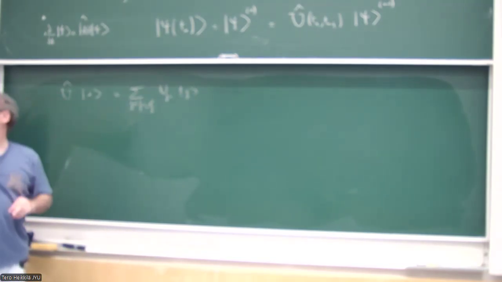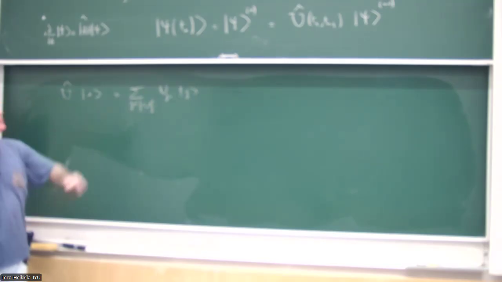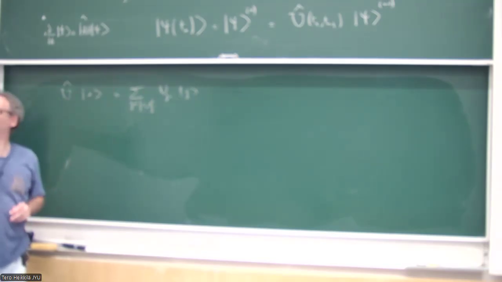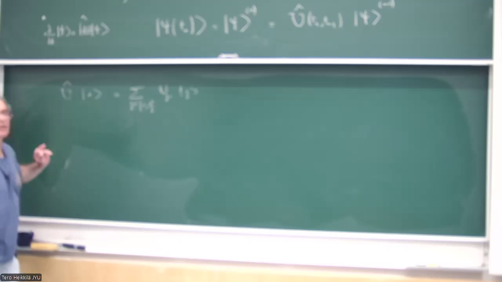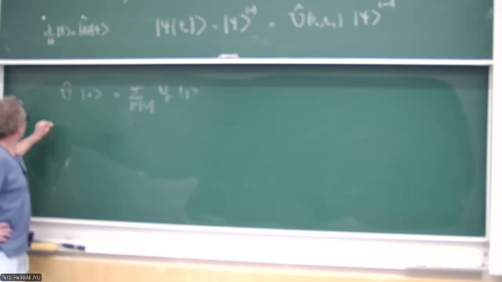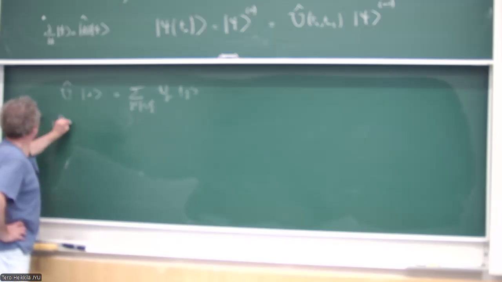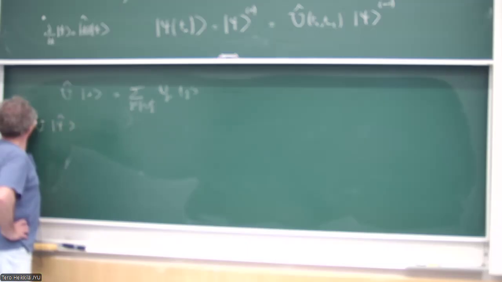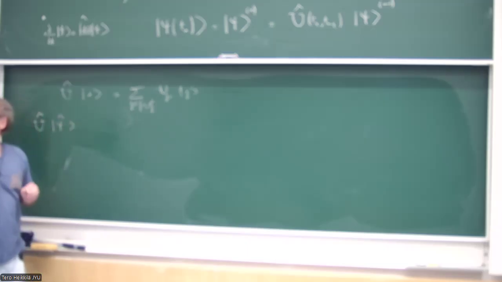And this is a unitary matrix because of evolution by construction. So now the question is, okay, what does it do on the psi? So I have my psi, I apply U on it.